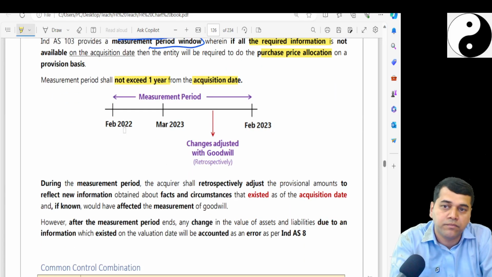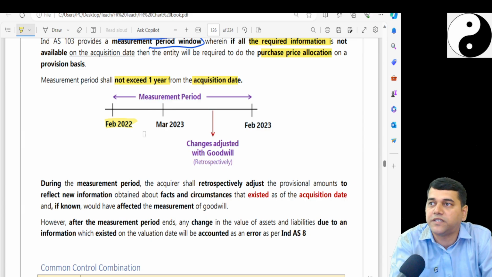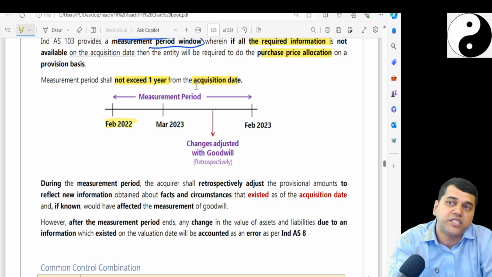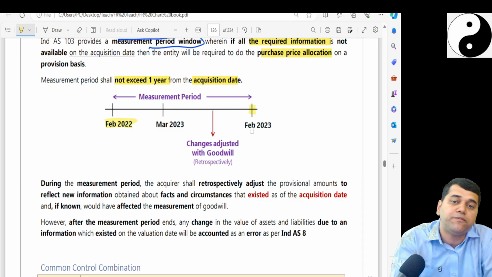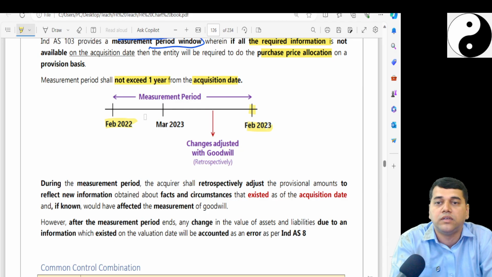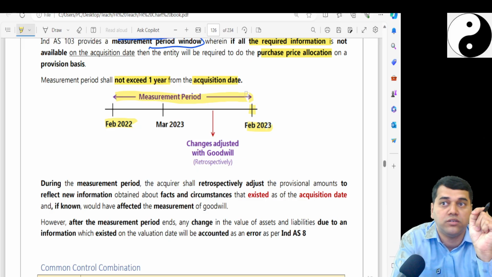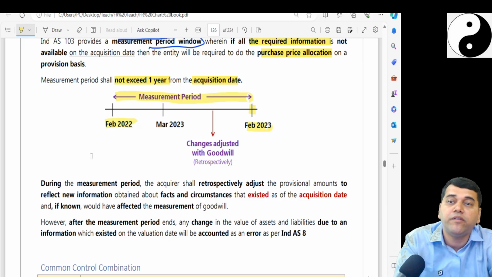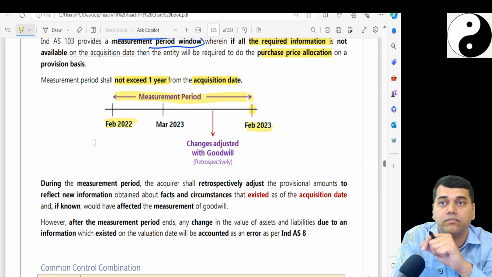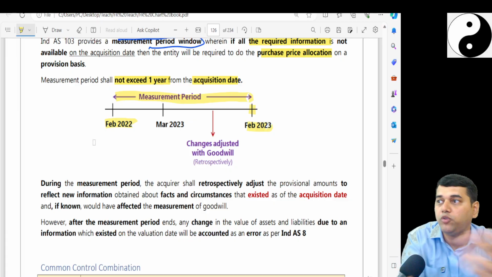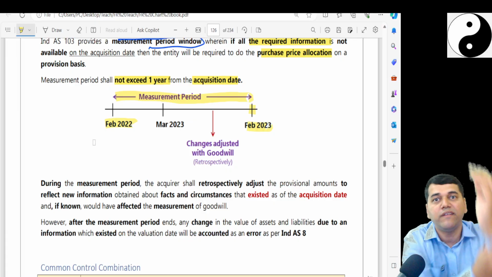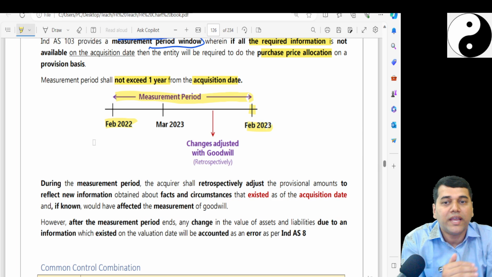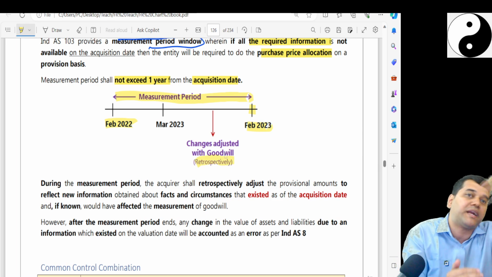That means, say you purchased on 28th of February. Your measurement period will go up to next year, February 2023. During this period, if you come to know any new information which was existing on February 22, but you didn't know at that time, and your goodwill went down or went up, now you can make retrospective changes to goodwill.